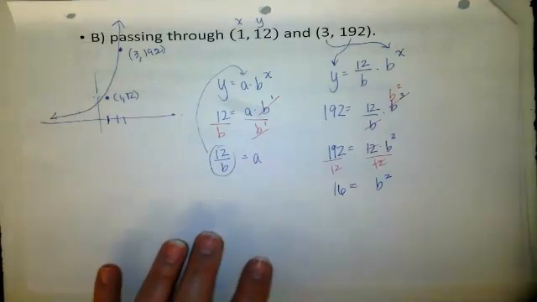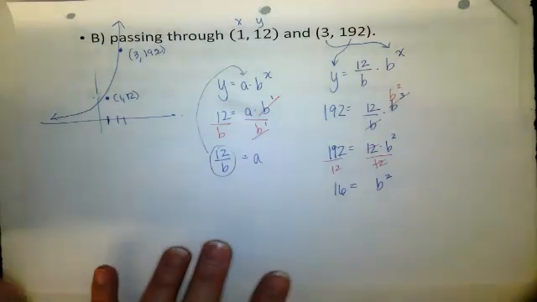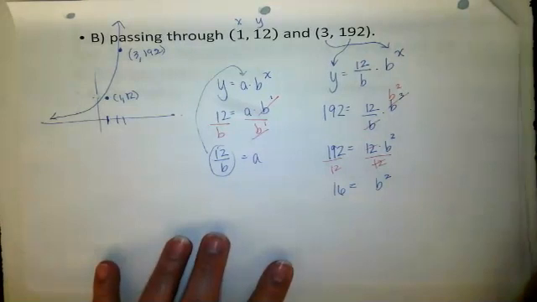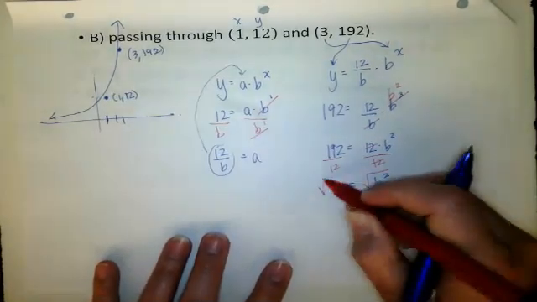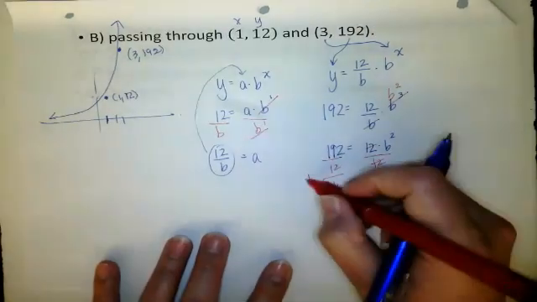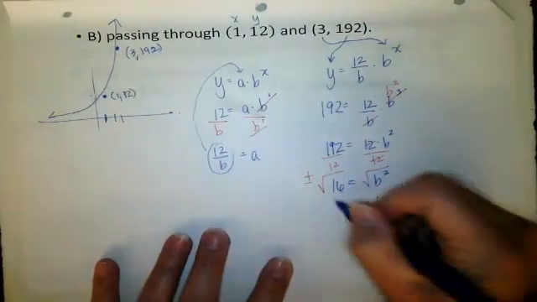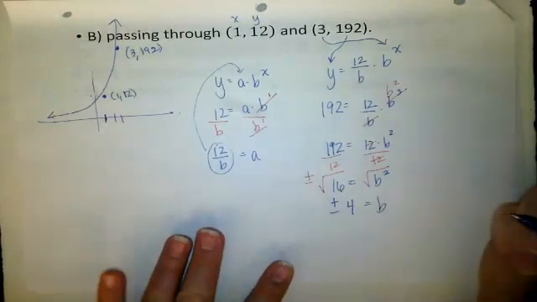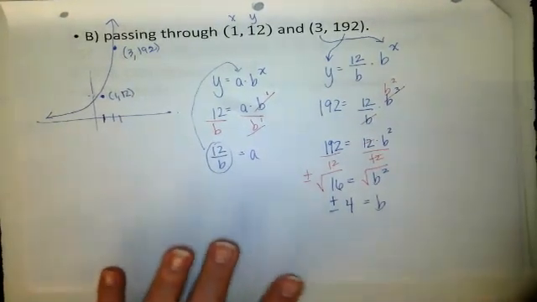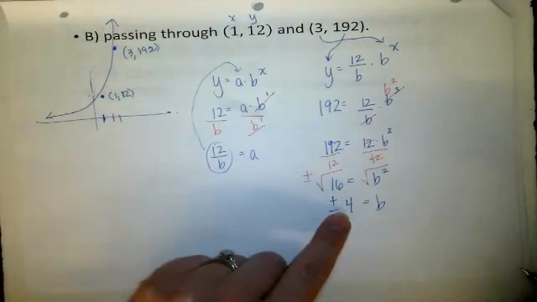All right, and then what do we need to do to get b by itself? Square root both sides. What do you need to remember when you take a square root? Plus or minus. And we need to talk about that just a second. So we get plus or minus 4 for the square root of 16. But it's b.